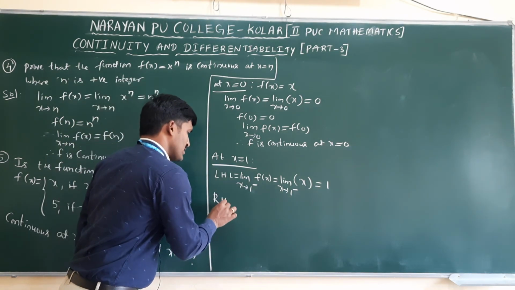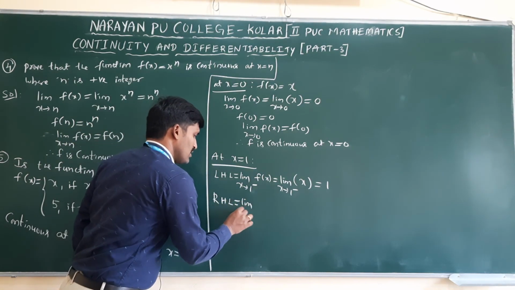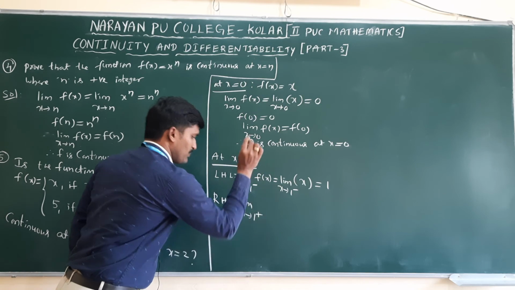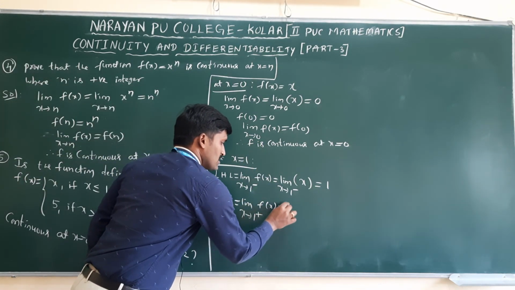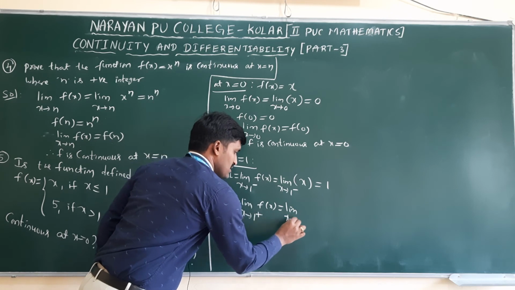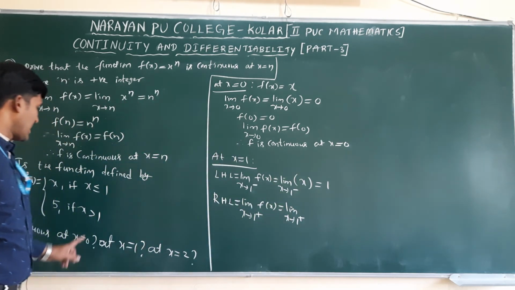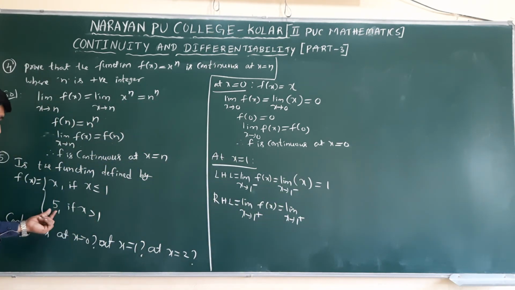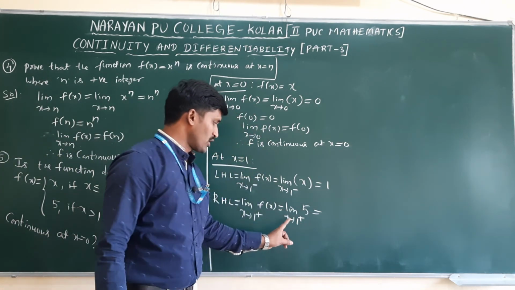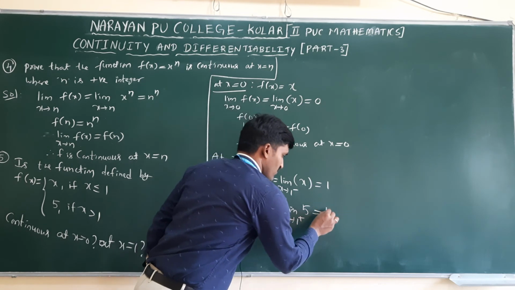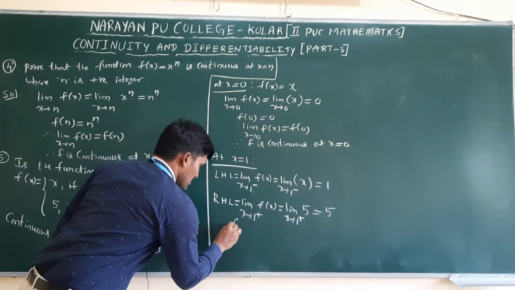Next, coming to RHL, right hand limit. Limit x tends to 1 plus f of x. So limit x tends to 1 plus. 1 plus meaning what? x is greater than 1. More than 1, what is the function is there? 5. It is a constant. We are not able to substitute x value in this. 5 is 5 only, no changes.